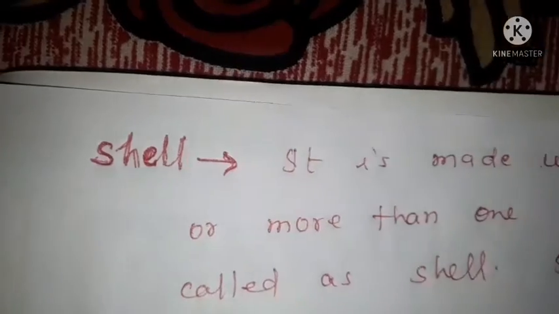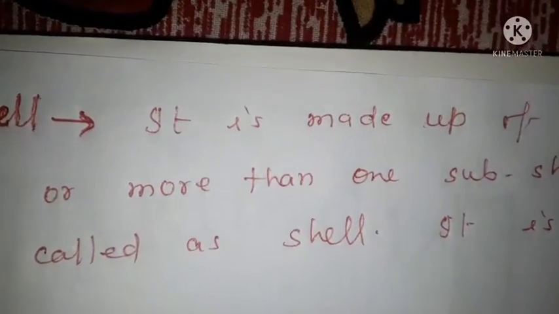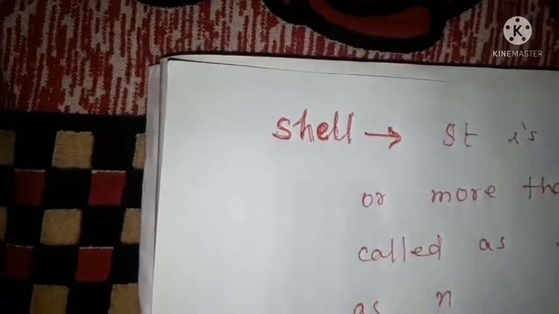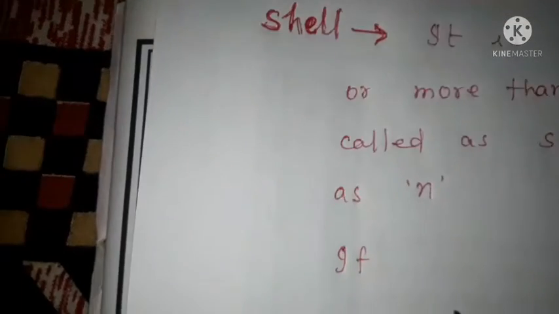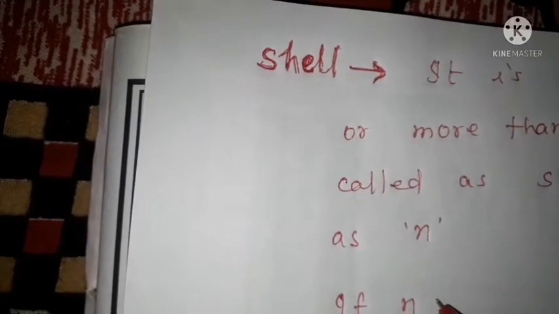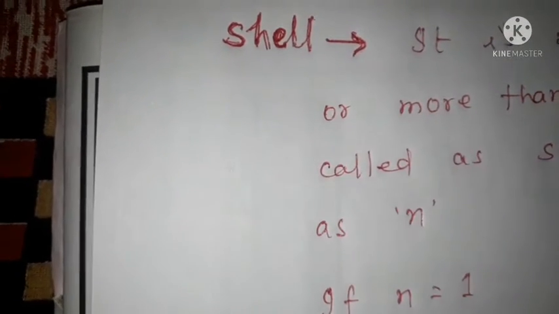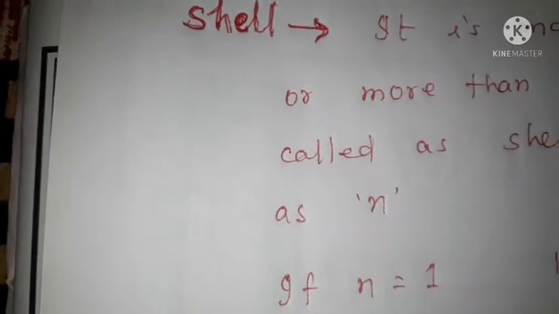It is denoted as small n. If n is equal to 1, then that means this is K cell.